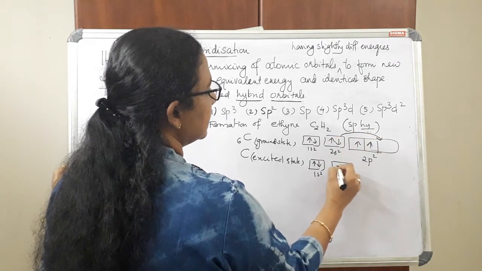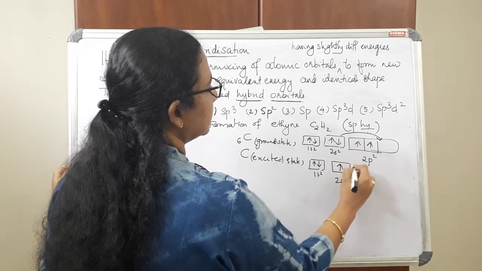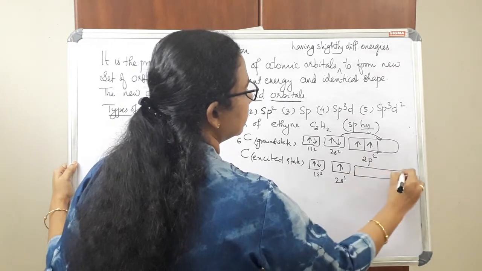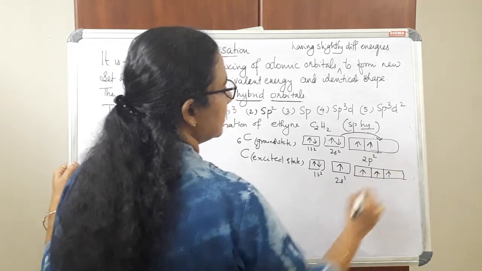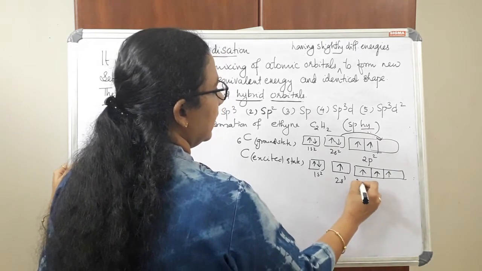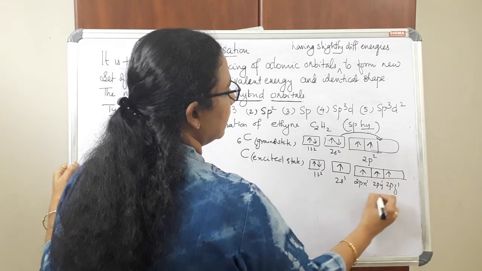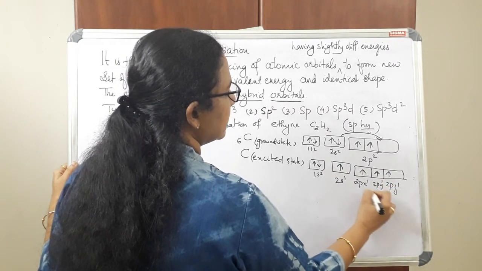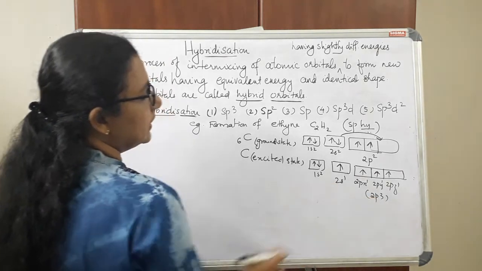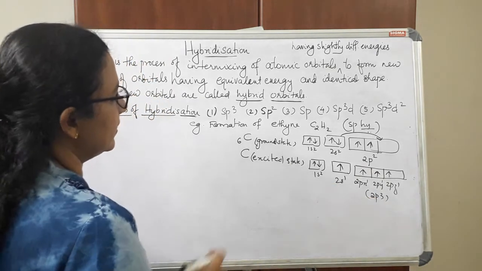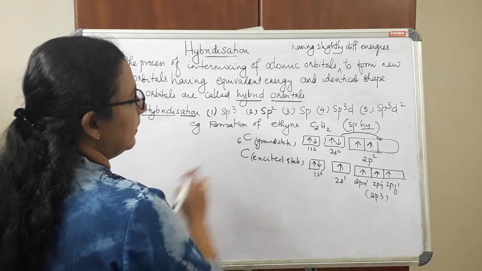So there is 2s1, and there will be 3 electrons in the 2p level, that is 2px1, 2py1 and 2pz1, or together we can say 2p3 configuration. So 2s1 and 2p3 in the outer shell. This is the excited state electronic configuration of the carbon atom.